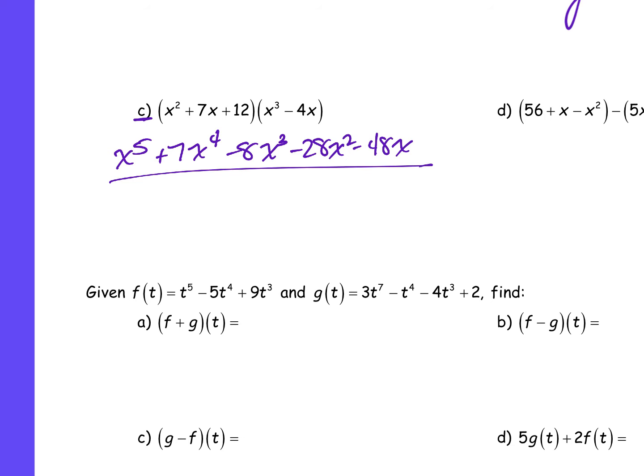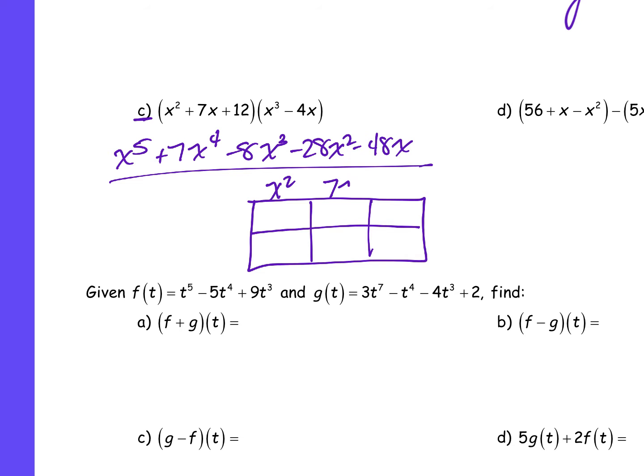Nice job. Okay. Do you guys need me to do it, those of you who didn't get it? Yeah, can you do it? Yeah, sure. I used the box method. And I have x squared, 7x, and 12, and x cubed, and negative 4x.